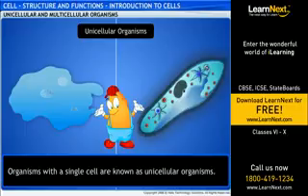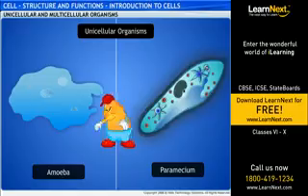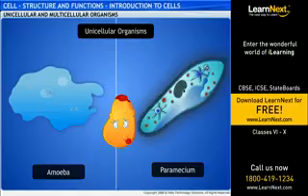On the other hand, organisms with a single cell are known as unicellular organisms. For example, look at the specimen of amoeba and paramecium. The bodies of these organisms are made up of a single cell.